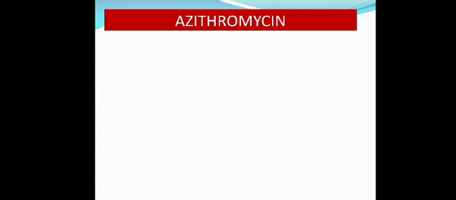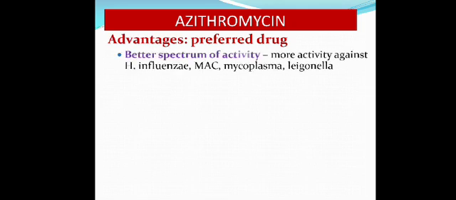The most commonly used macrolide is azithromycin. It is more preferred because it has a better spectrum of activity. It is more active against H. influenzae, Mycobacterium avium complex, Mycoplasma and Legionella. It is acid stable, not destroyed by gastric acid.